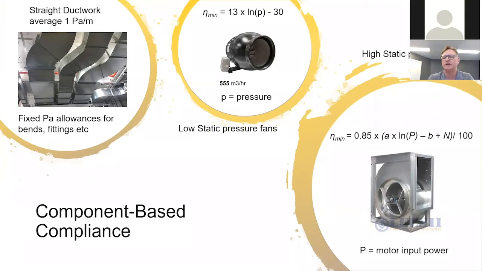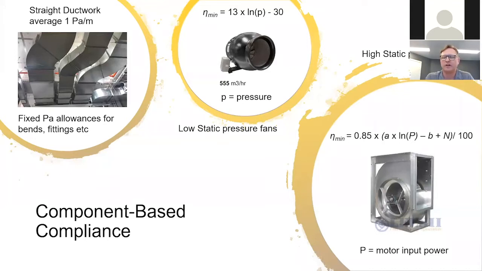For the fans in the compliance requirements, there are two different efficiency calculations based on whether it's a low static pressure fan or whether it's a high static pressure fan. For fans with low static pressure, the efficiency calculation is based on a small p in the formula there. You can see the log of small p, and small p is for pressure.